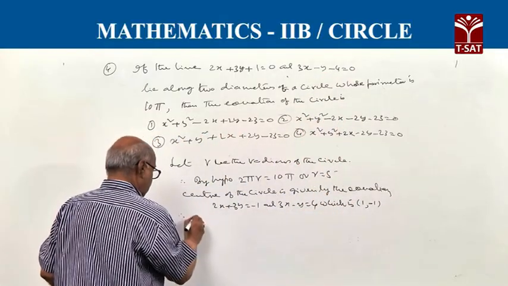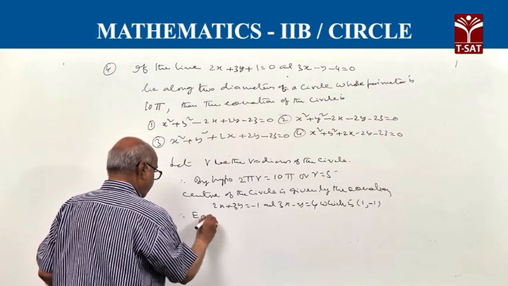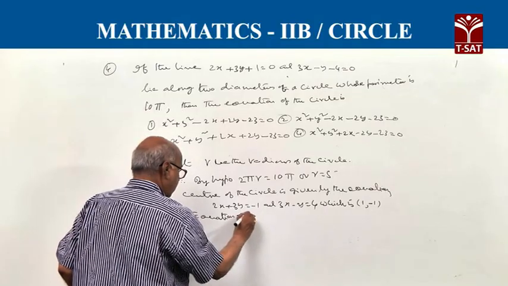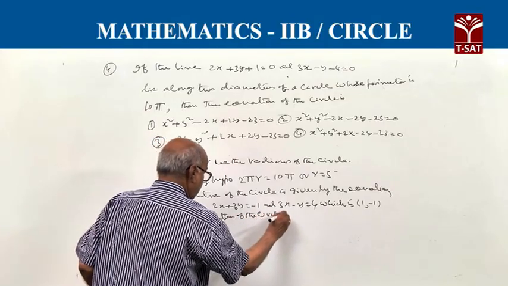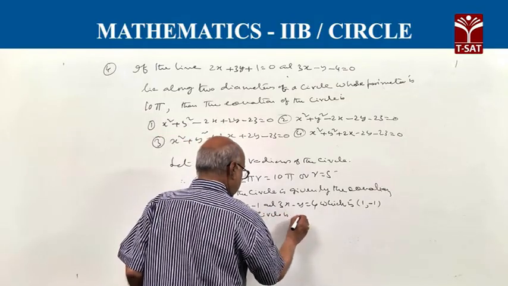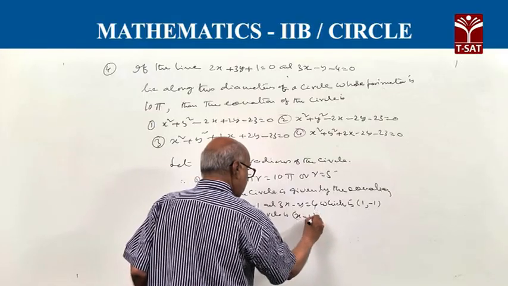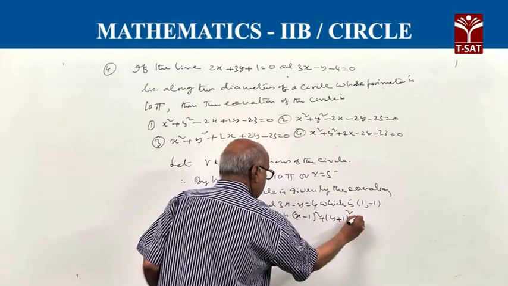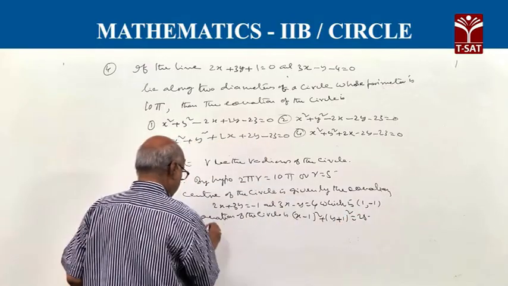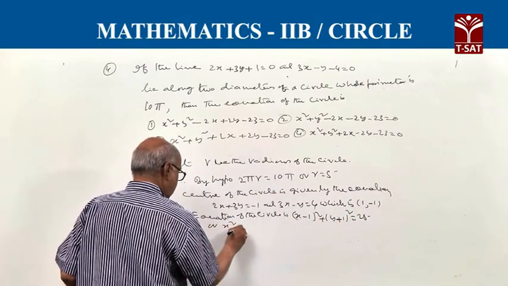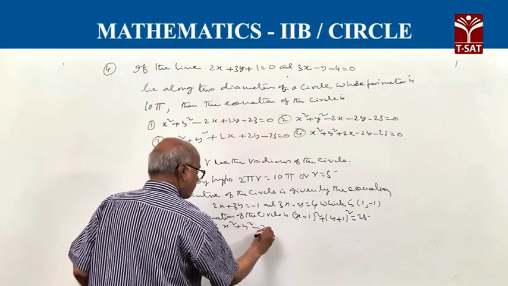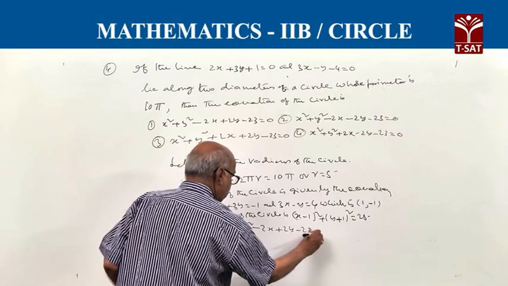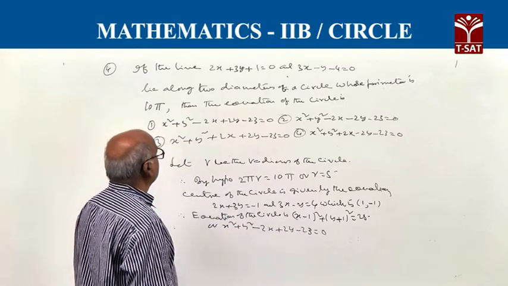So, therefore, the equation of the circle is (x minus 1) whole square plus (y plus 1) whole square is equal to 25, or x square plus y square minus 2x plus 2y minus 23 equal to 0.